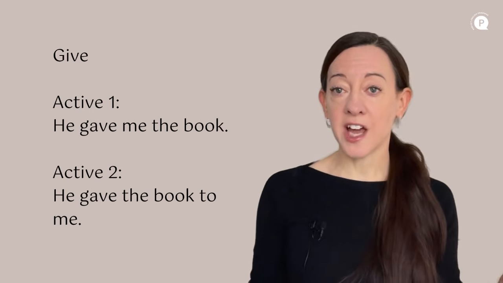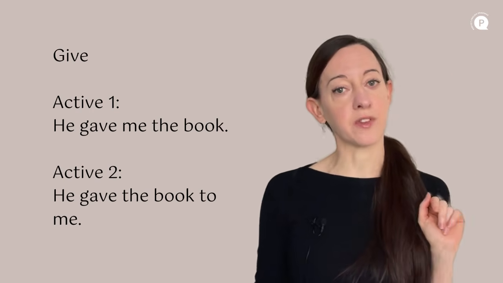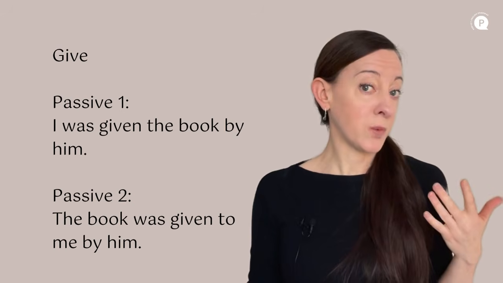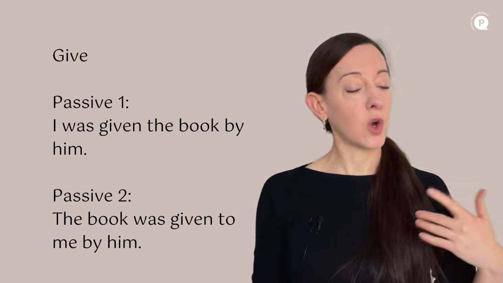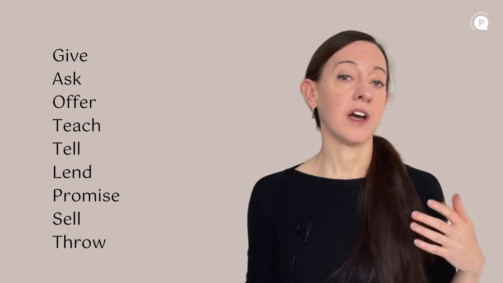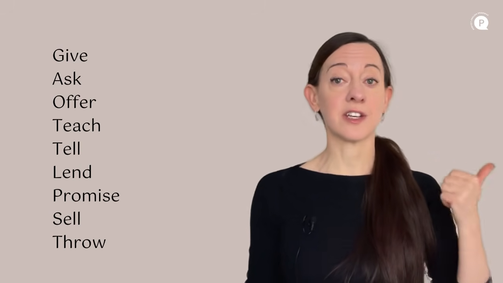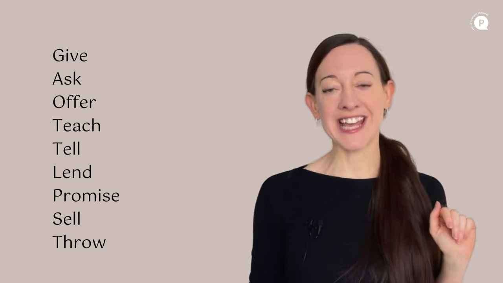You can choose either of the 2 objects to be at the beginning of the passive sentence. So we can say, "I was given the book by him," or "the book was given to me by him." Other verbs like this are ask, offer, teach, tell, lend, promise, sell, and throw.